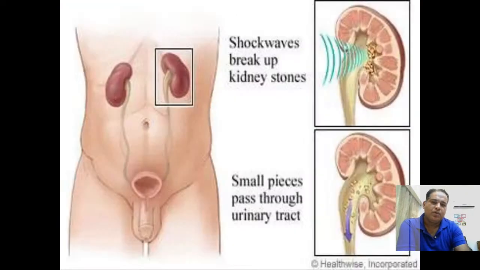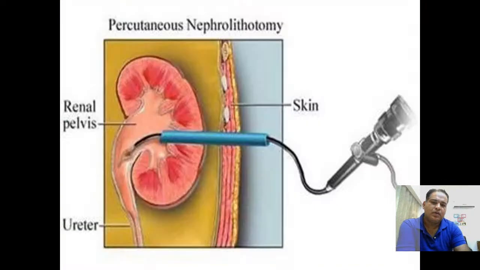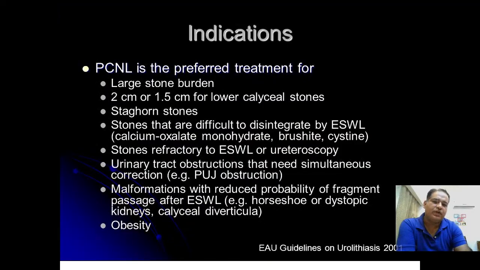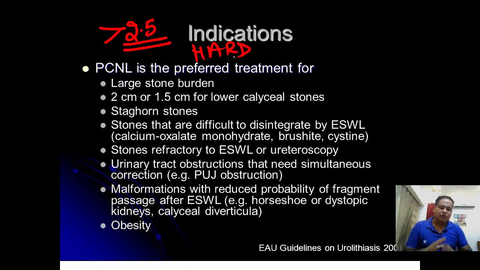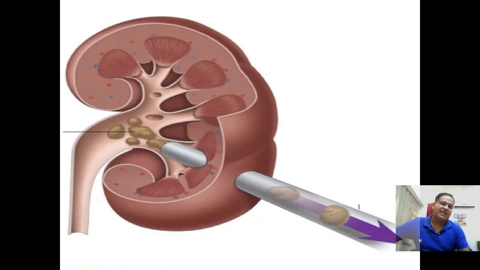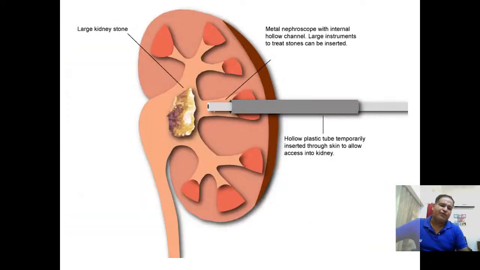Now, this surgery, percutaneous nephrolithotomy, is done if the stone is more than 2.5 centimeters in size. If the stone is very hard, those stones which we cannot remove by ESWL, we will treat them by PCNL, percutaneous nephrolithotripsy.